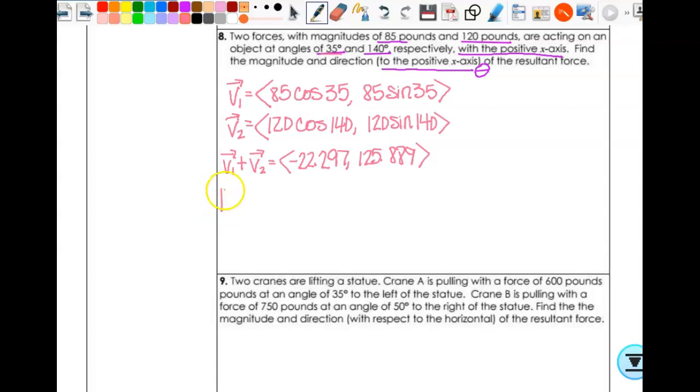So now we're going to find the magnitude of vector 1 plus vector 2. That's going to be equal to the square root of a squared plus b squared. And if you have them stored correctly, that's all you got to do to get your answer.